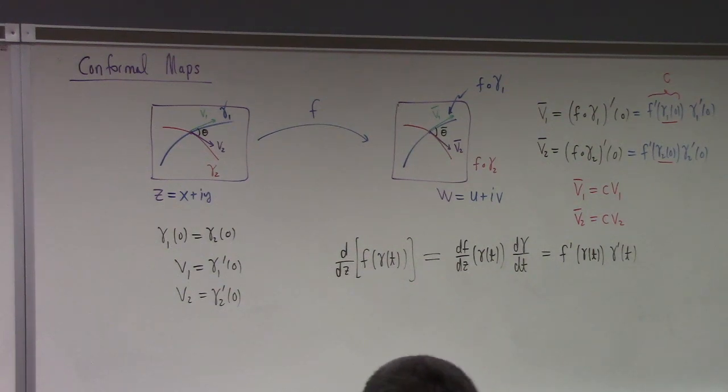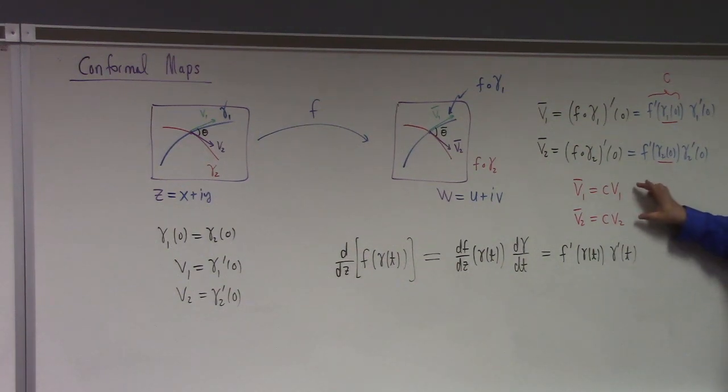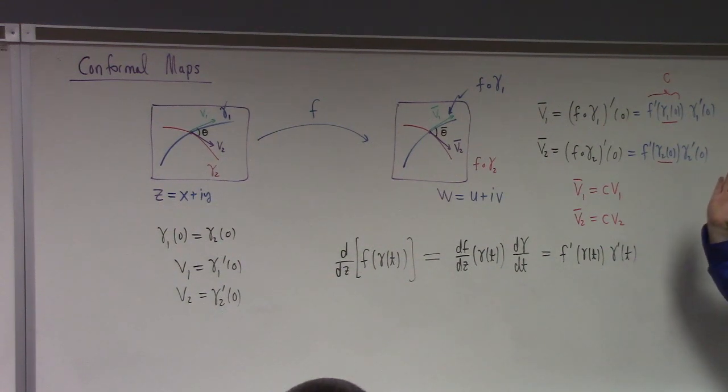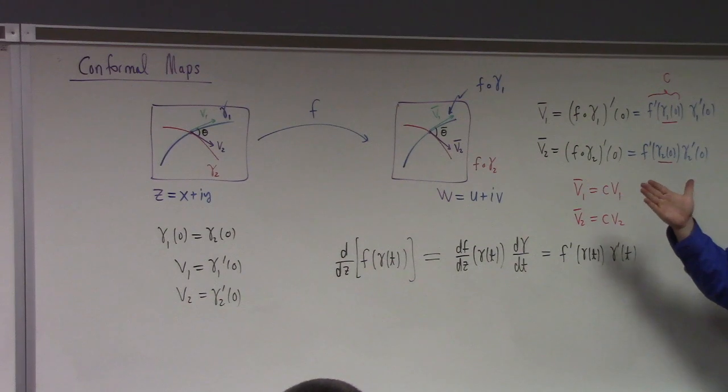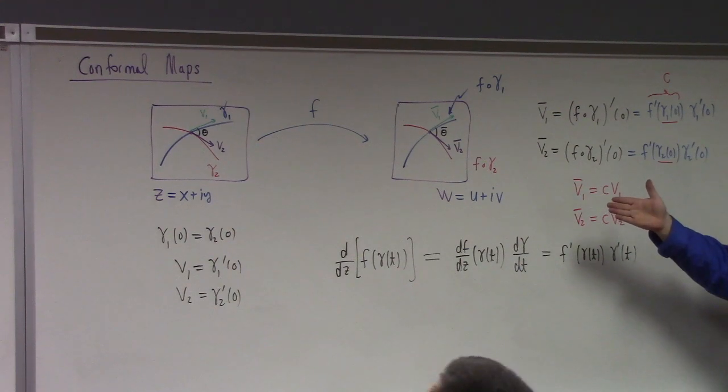So think about this problem geometrically. If you take vectors V1 and V2, and you multiply them both by the same constant, what happens? You're rotating them the same way. So the angle between V1 and V2 doesn't change. Therefore, a complex map is necessarily conformal.